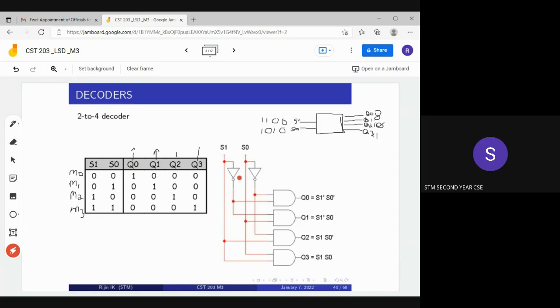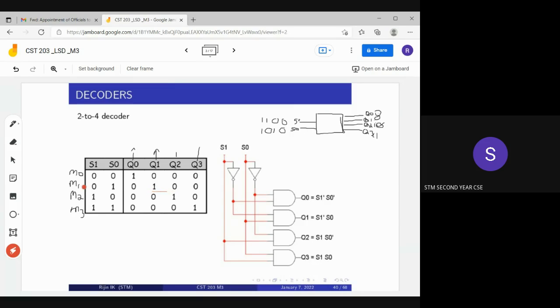How will we draw it? Here this is S0 and this is S1. We have to take the NOT value of S0 and the NOT value of S1, right? That is what we have to give here. If we AND the two NOT values, we will get the corresponding Q0. Similarly, what is Q1?